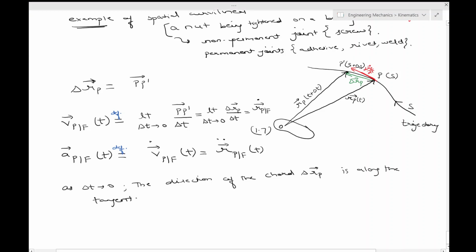Okay, so the direction of the chord delta rp is along the tangent, and hence this so-called dr_p by dt is equal to the limit of delta t tending to 0 of delta rp by delta t.